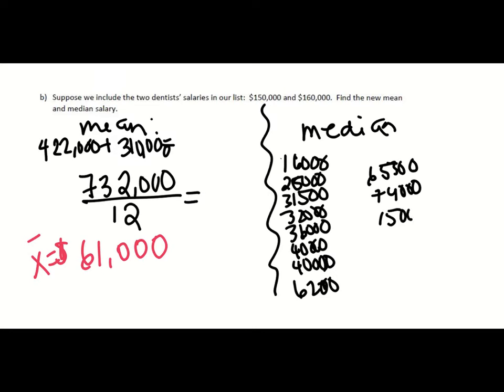Now you've added 150,000 and 160,000. So now, since there's 12, 1, 2, 3, 4, 5, 6, your middle is going to be right here in between these two. So your median is now 40,000. You went from your median being here to it's now here. It's moved down one spot. So that is your new median and your new mean.